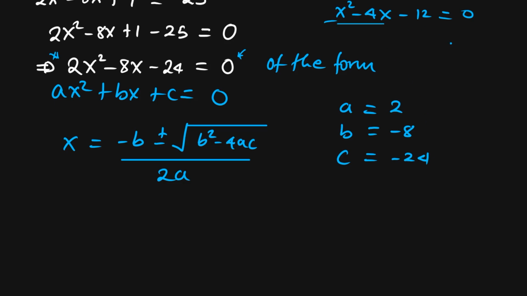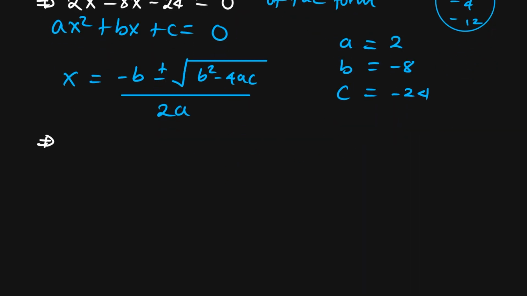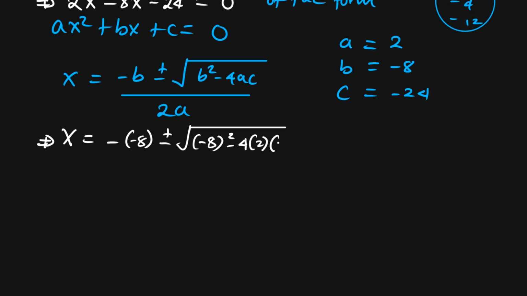The same applies if we had used this; it will be 1, negative 4, and negative 12. We will obtain the same values. This implies that we have x equals negative b, which is negative 8, plus or minus root of b, which is negative 8, squared minus 4 into a, which is 2, times c, which is negative 24, all over 2 into a, which is 2.